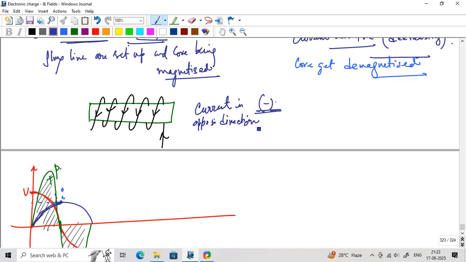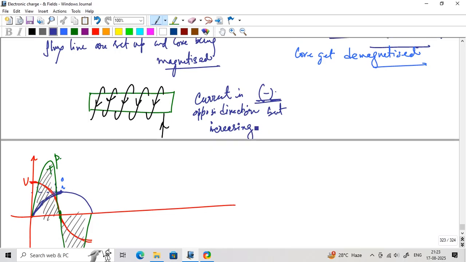Okay, but increasing, so here the core obviously gets magnetized.